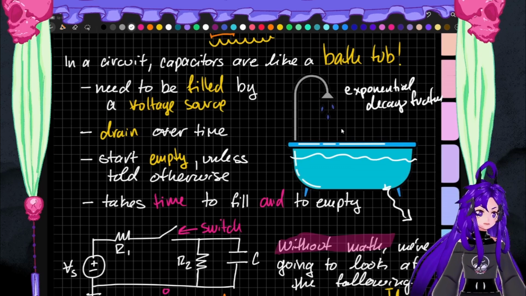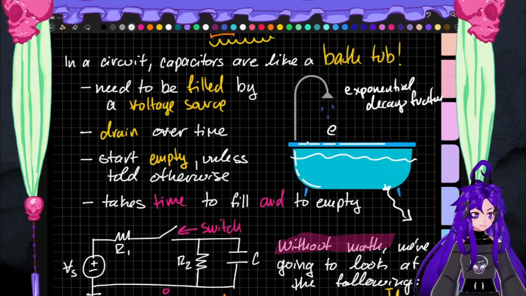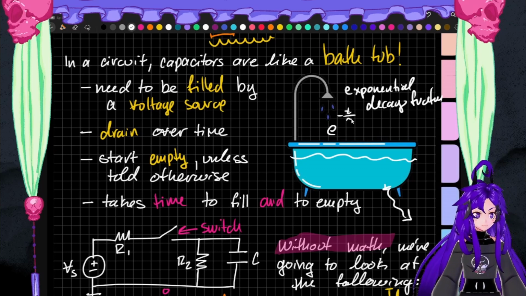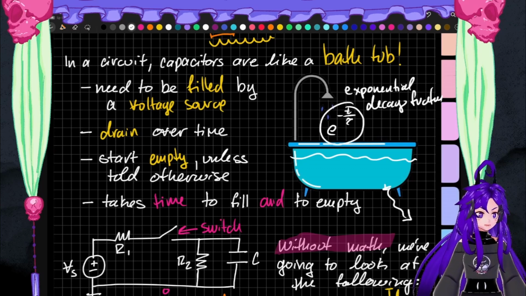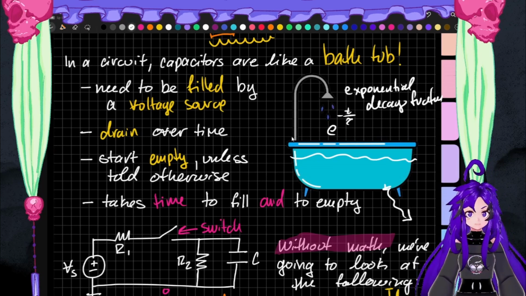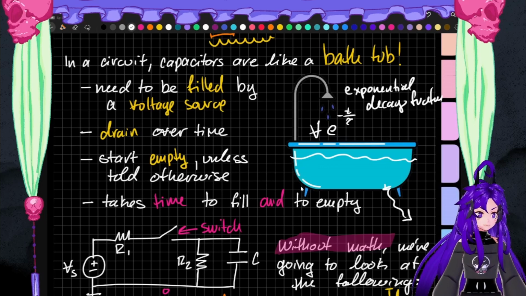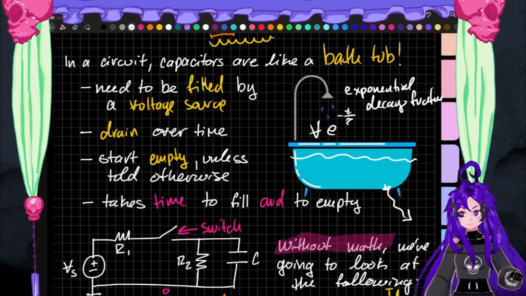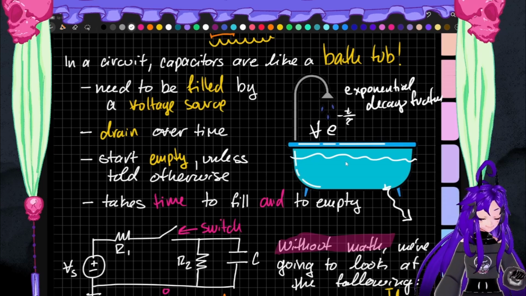Exponential decay just means that it uses the exponential function, e, with a negative value. It's literally of this form: there's some constant up here times the exponential function e to the negative t over Greek tau.